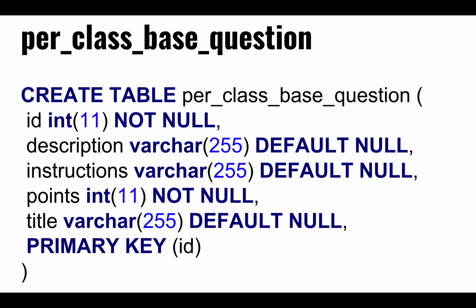So this one, the per class strategy, is a combination of the two. We will have one table per class, but we don't want to run into the issue of the expense of having to join the tables. So what could we do? How would we solve this?